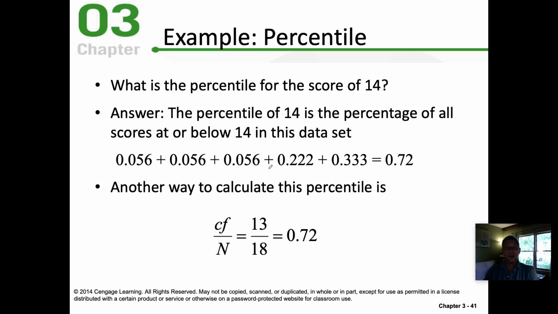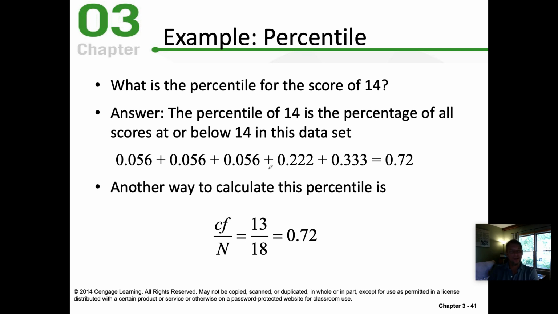Now, what is the percentile for a score of 14? Well, the percentile of 14 is the percentage of all the scores that are at or below 14 in this data set.